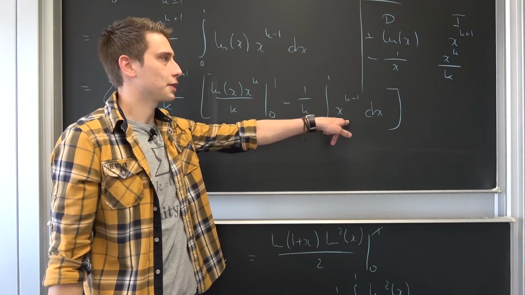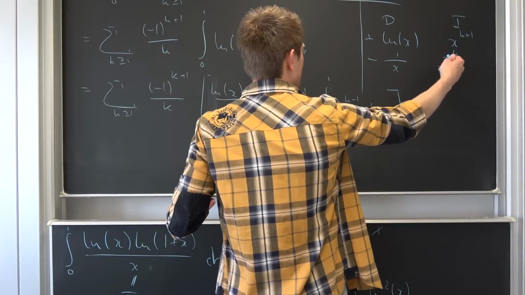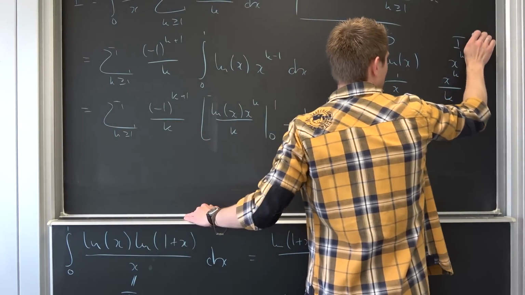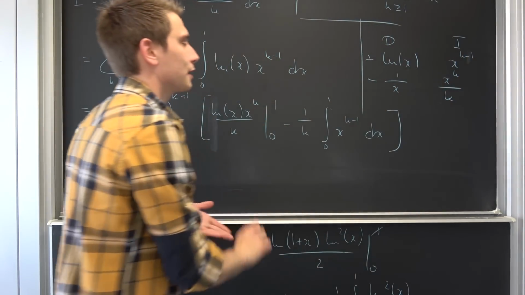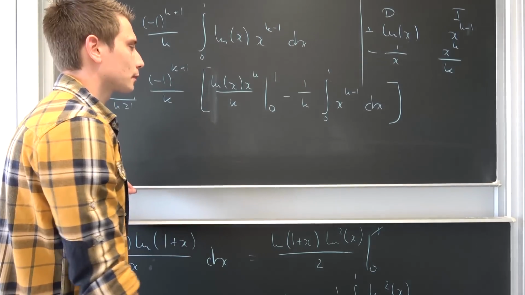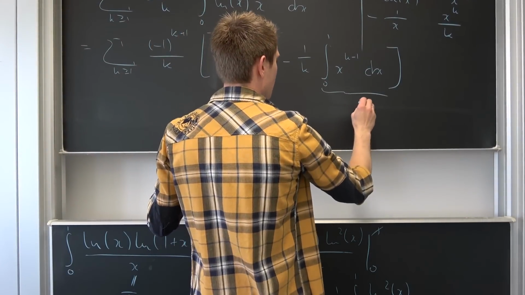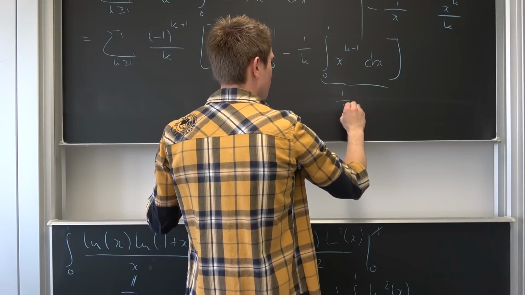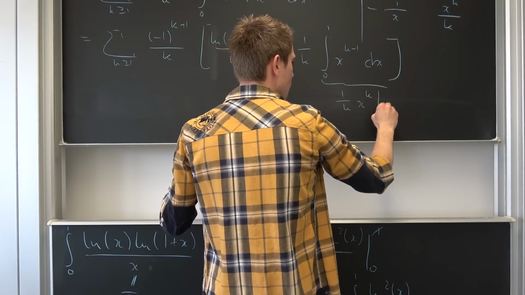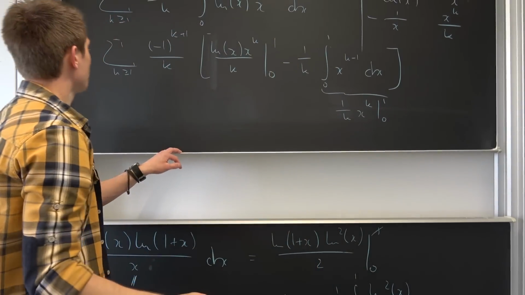Okay, evaluating this thing is quite easy. We just basically did that. Why did I have a k plus 1 right here? I'm terribly sorry. K minus 1. Yeah, this thing is just going to evaluate to 1 over k times x to the kth power from 0 to 1.